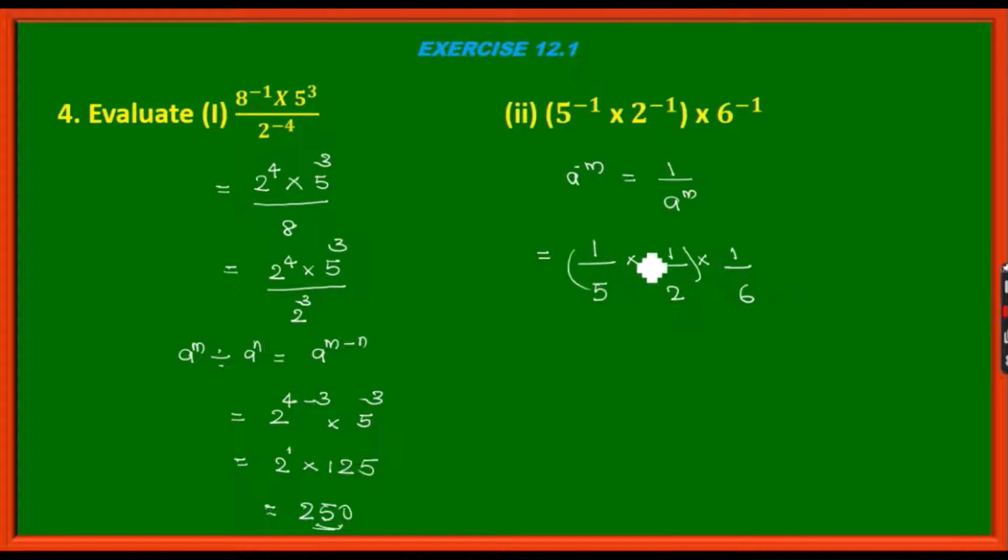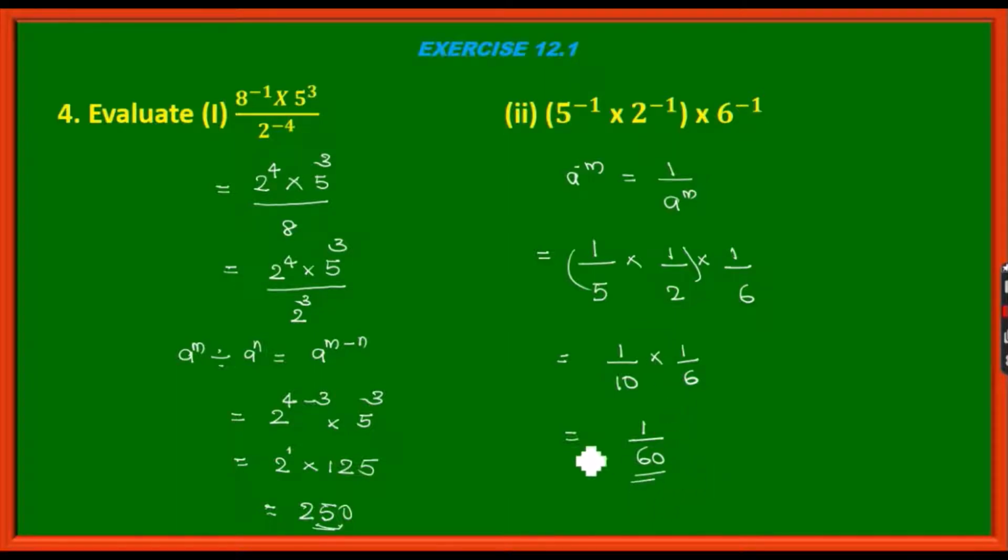So this is in bracket. 1 by 5 into 1 by 2 comes 1 by 10. 1 by 10 into 1 by 6, therefore 1 by 60, otherwise 60 raised to minus 1.